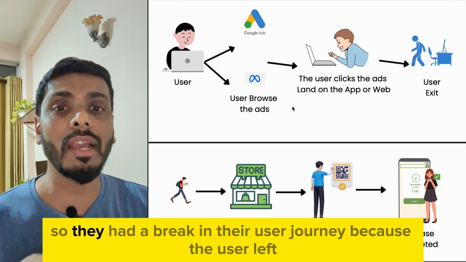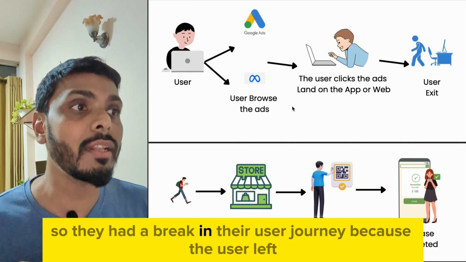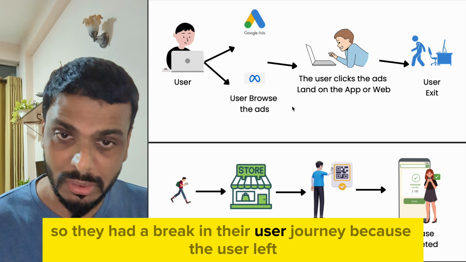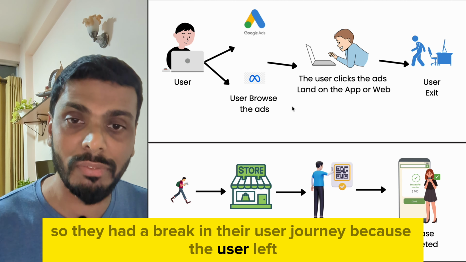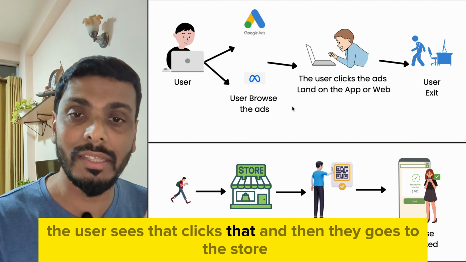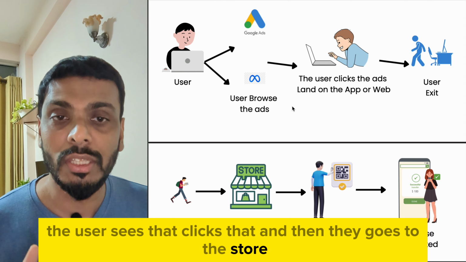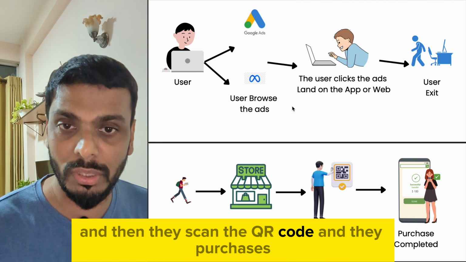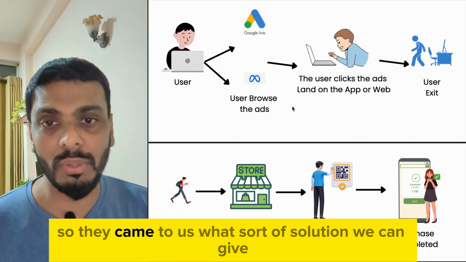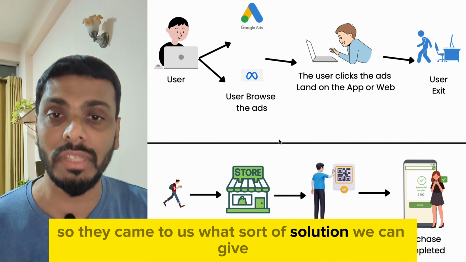So they had a break in their user journey because the user left. The user sees the ad, clicks it, then goes to the store, scans the QR code and purchases. So they came to us asking what sort of solution we could give.